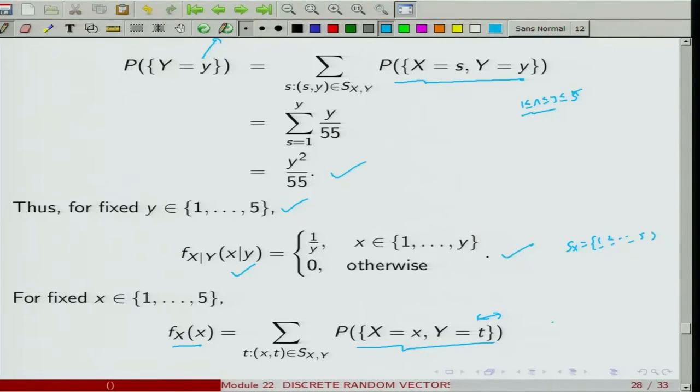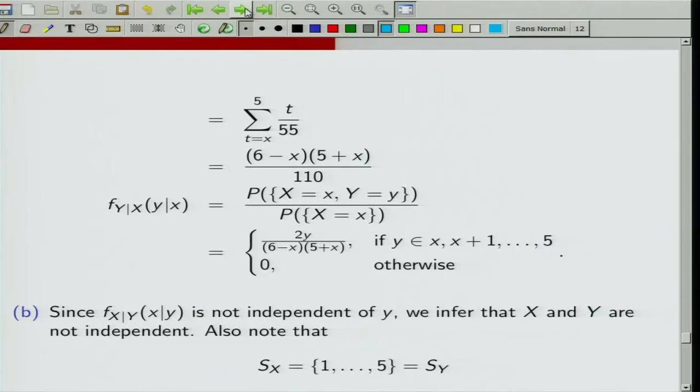Note that here 1 less than or equal to x less than or equal to t less than or equal to 5. So, I have to sum over t for a fixed x. For a fixed x, t can go from x to 5 and your PMF is y by 55 in this range. So, t from x to 5, and the y variable is the t variable here, t by 55.